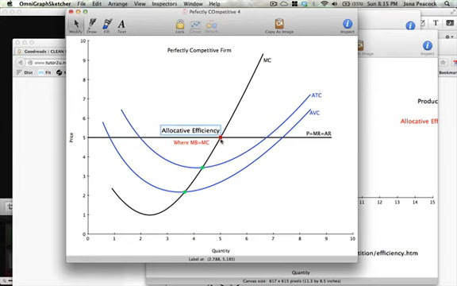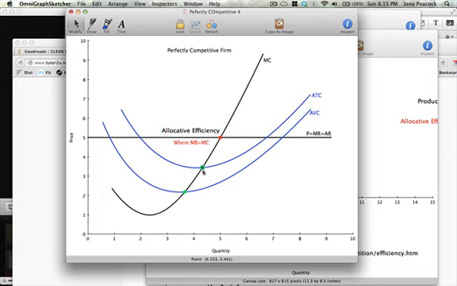So allocative efficiency, as noted by this little red line, is where MB equals MC. An allocatively efficient firm is going to produce right here, at the same place it would produce given the MC equals MR rule. So a lot of the efficiencies for firms are the same in a perfectly competitive firm.